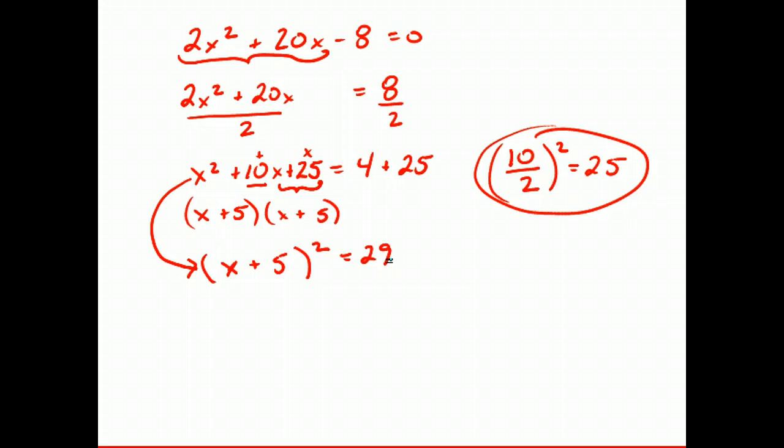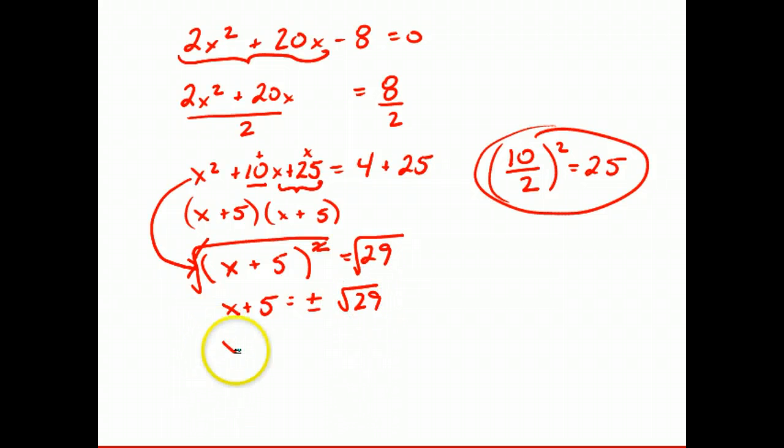Okay, and now I want to solve for x. So I take the square root of both sides. On this side, my square is going to cancel out with my root sign, and I'm going to get x plus 5 is equal to plus or minus the square root of 29. So to finish, I'm going to go x is equal to, and I'm going to subtract 5 from both sides, so I'm going to get minus 5 plus or minus square root of 29.